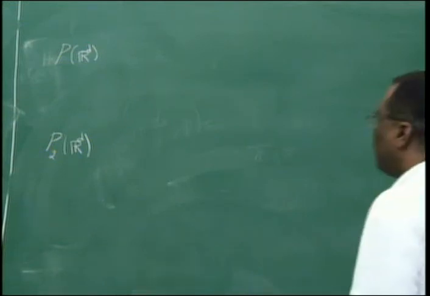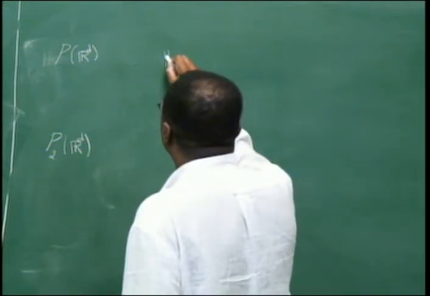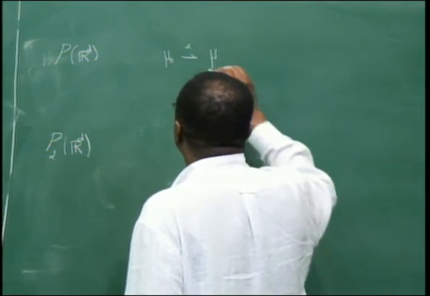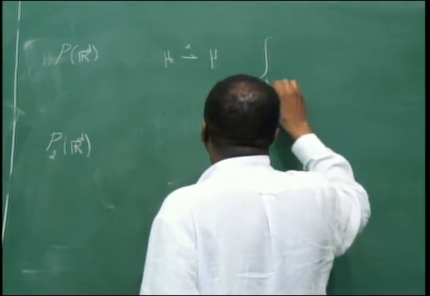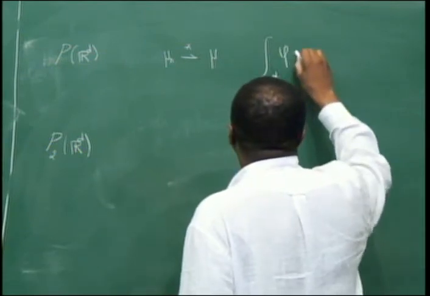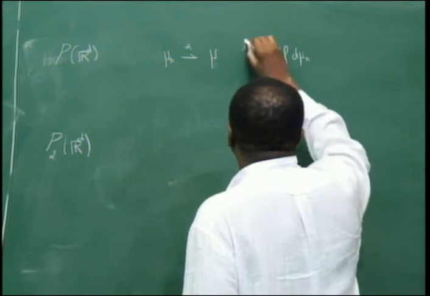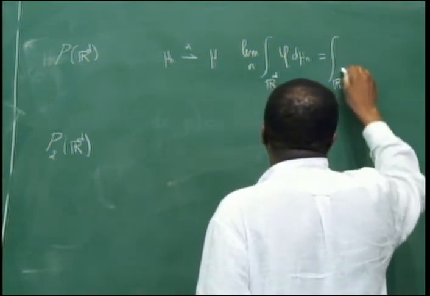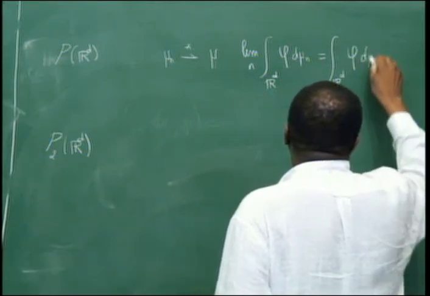I am going to define a topology on each one of them. Here, mu n converges to mu means the limit of the integral over RD of phi d mu n is the integral over RD of phi d mu.